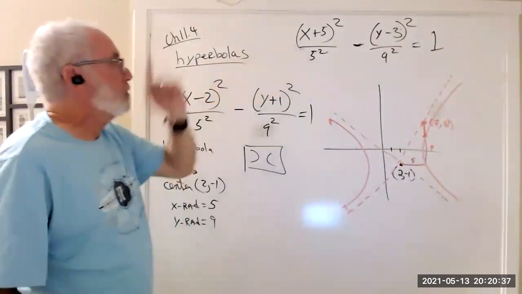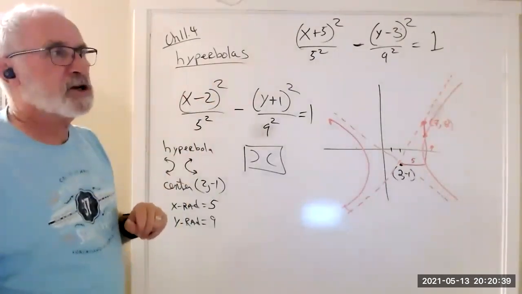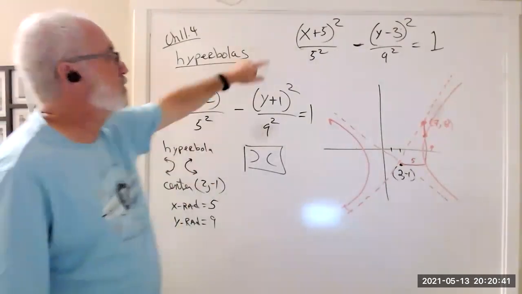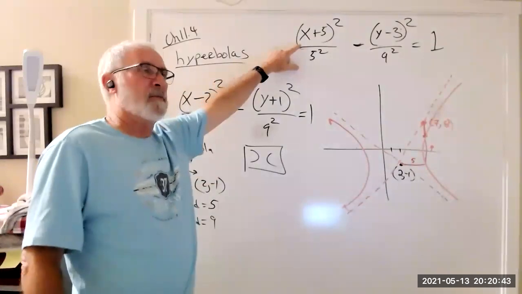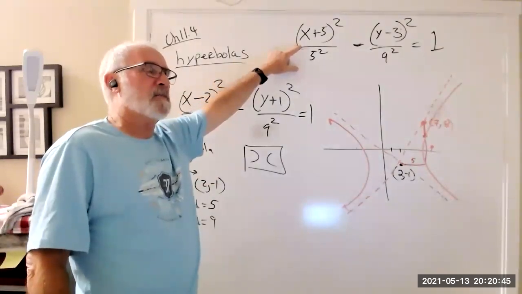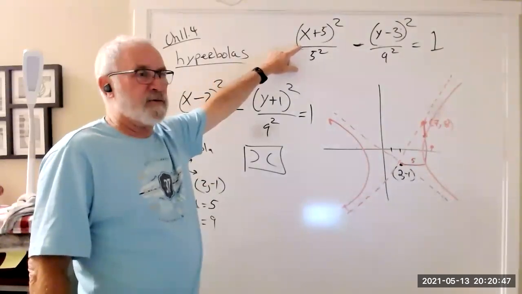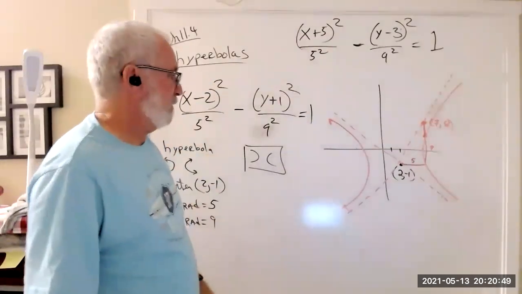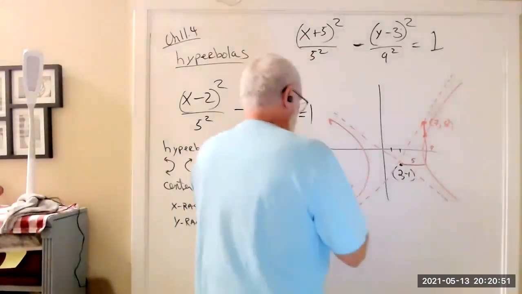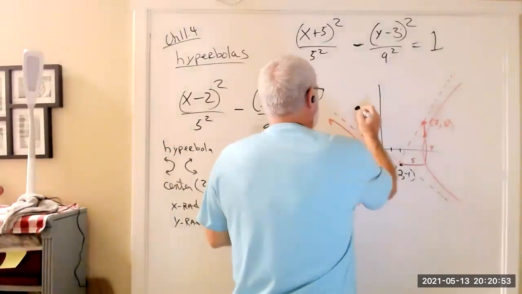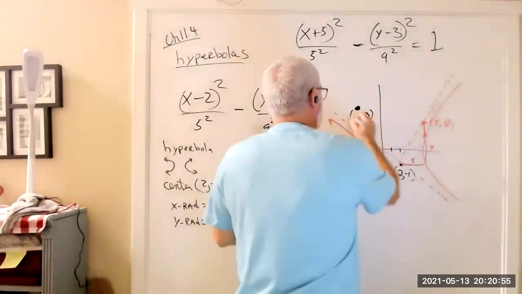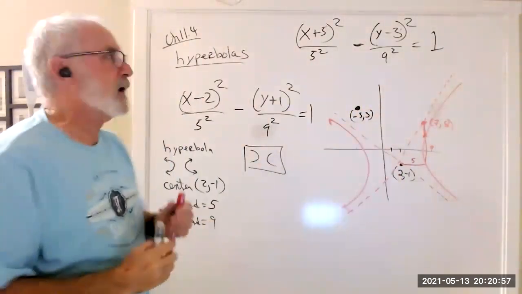Where would the center for this shape be? Negative 5, 3. Where is negative 5, 3? Oh, negative 5, 3. Okay.